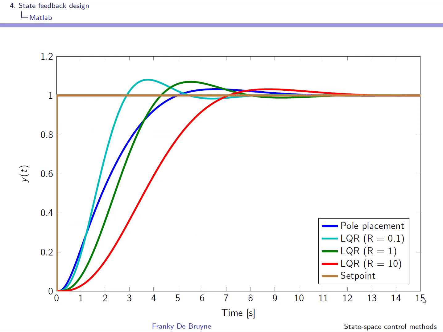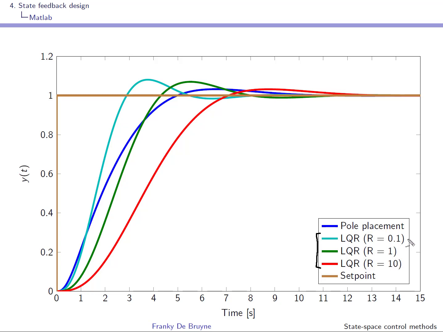So here are the responses to the pole placement design in blue, and you have 3 designs with the DLQR method, with R equal to 0.1, 1 and 10.